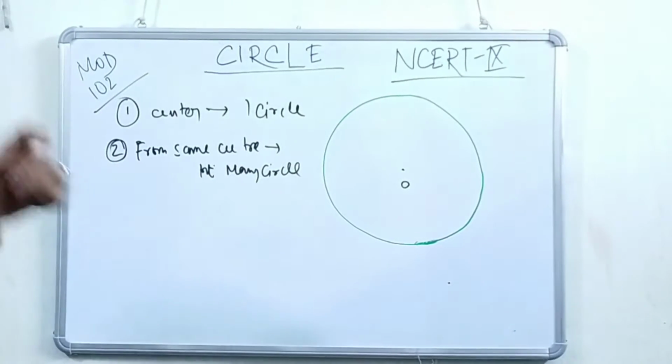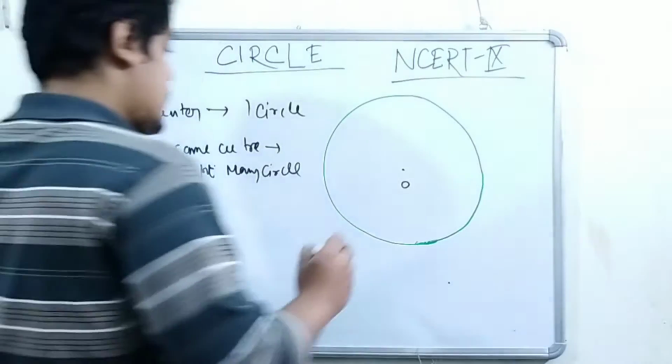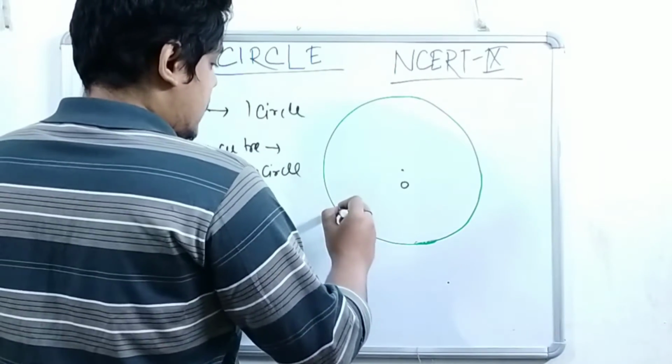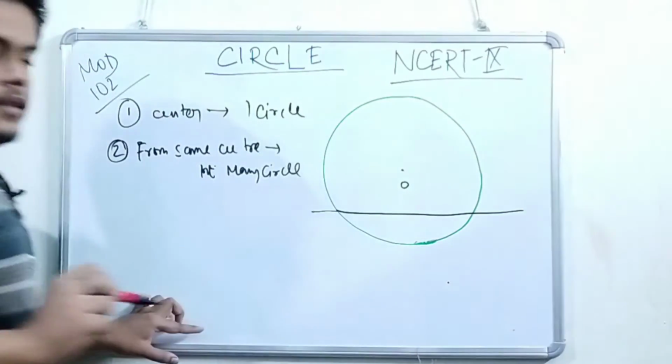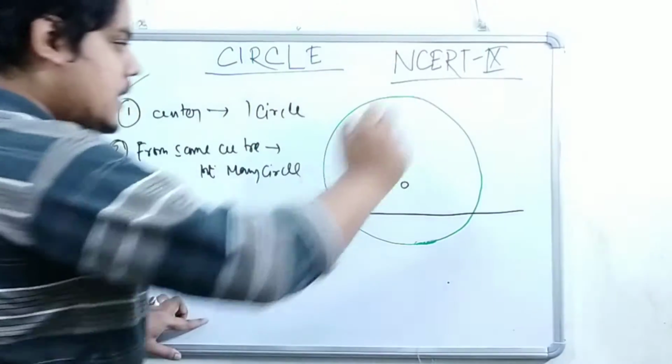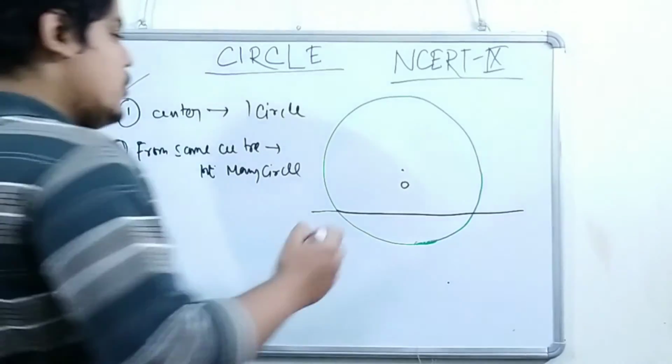Now there are some parts of a circle. What are the parts? If a line passes through a circle, it intersects the circle at two points.